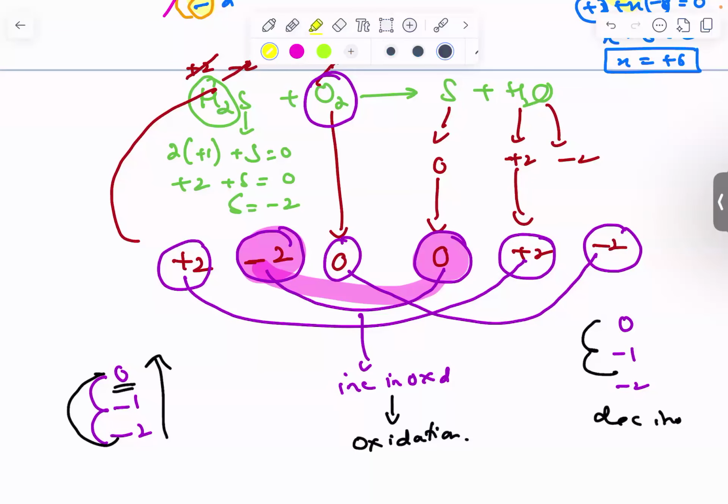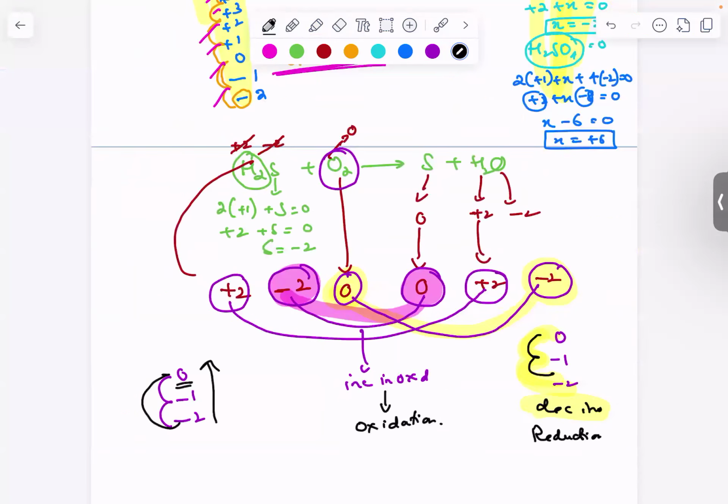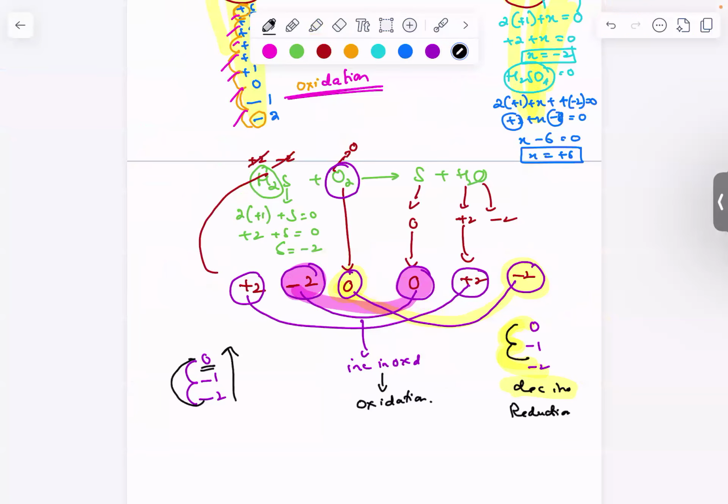For oxygen, we had 0 and then it changed to minus 2. So we are going down. That is a decrease in oxidation number, so it's reduction. So what we can say is that sulfur is being oxidized and oxygen is being reduced.